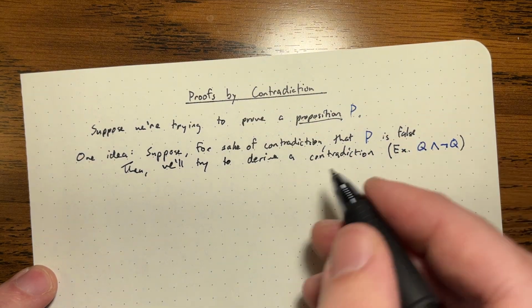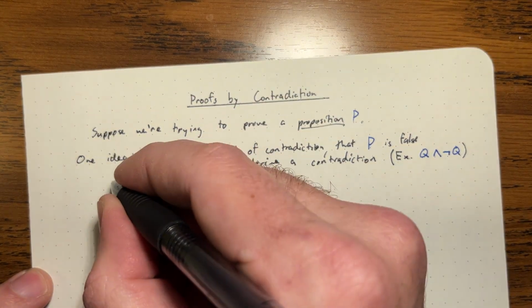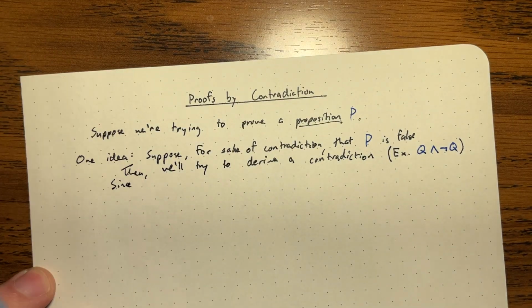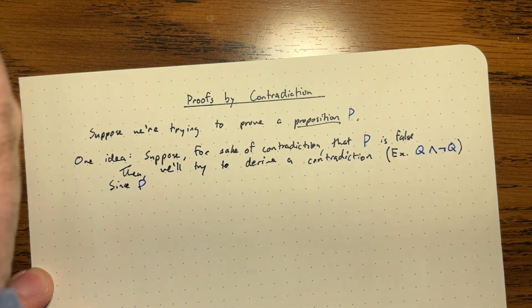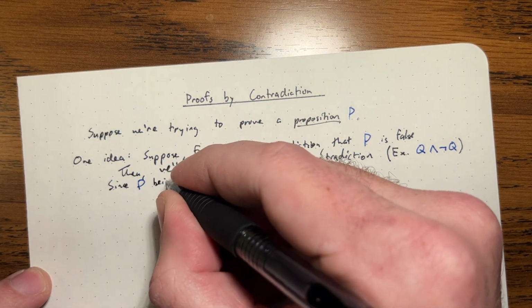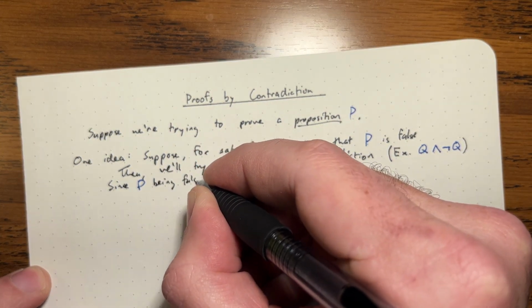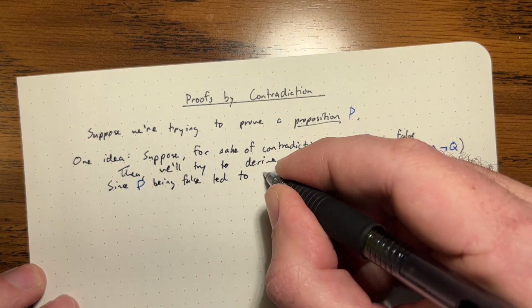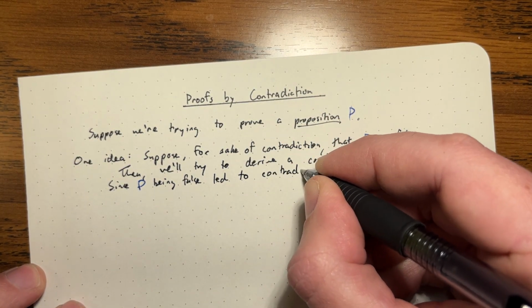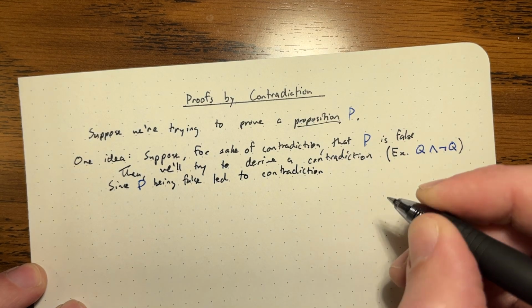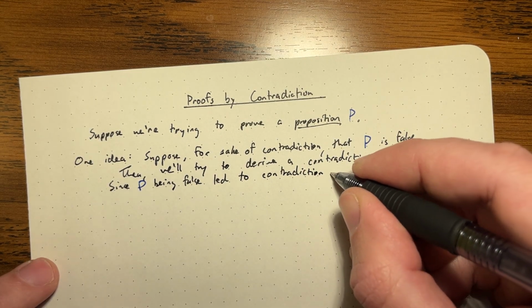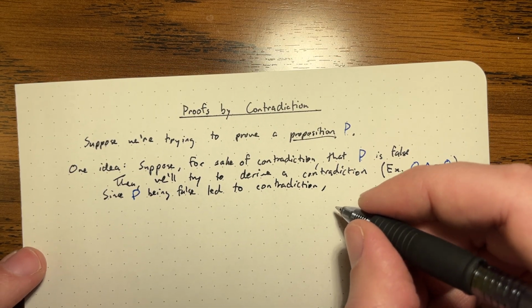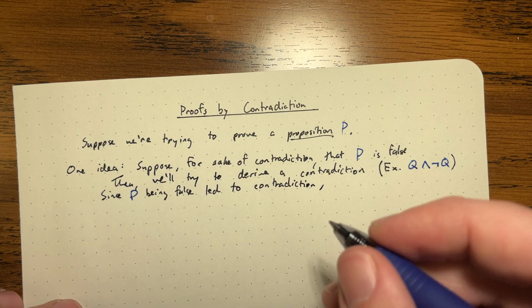Okay, well, we got a contradiction. We assumed that P is false and just proceeded logically. Since P being false led to a nonsense conclusion, a contradiction, something that can never be true, what's our conclusion?